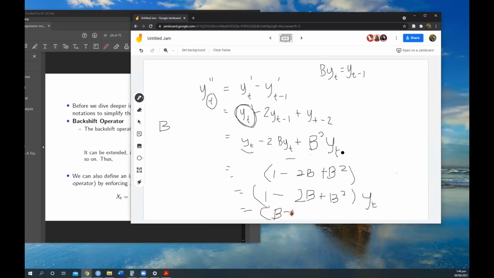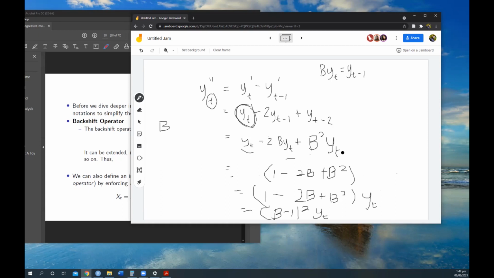1. Yan po. Tama po. Tama ba? B squared. Tama ba yan? Mali. Wait. May algebra. Tama, sir.